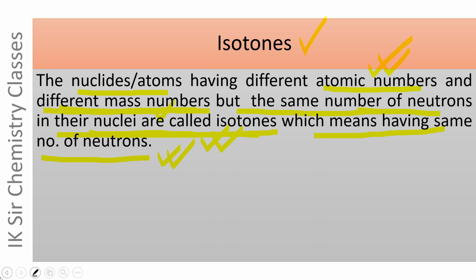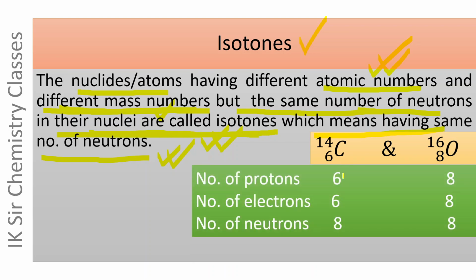Let us illustrate with an example. C14 and O16. It contains 6 protons, 6 electrons and 14 minus 6, that is 8 neutrons. This one contains 8 protons, 8 electrons and 16 minus 8, that is 8 neutrons.